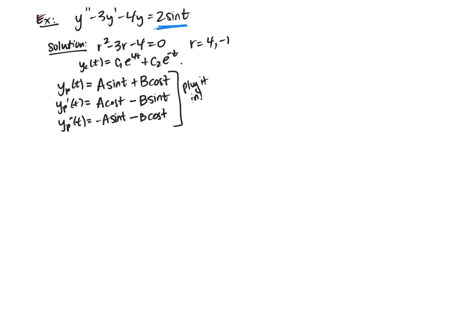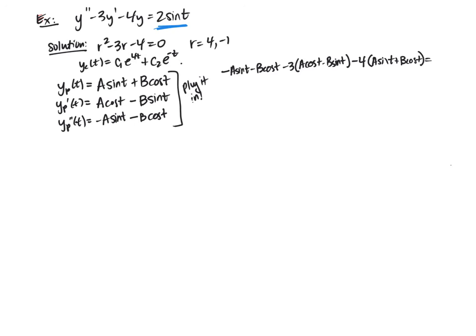And that gives me, okay, y double prime, so negative a sine t minus b cosine t, minus 3 times y prime, which is a cosine t minus b sine t. And then I want to do minus 4 times y, which is a sine t plus b cosine t.